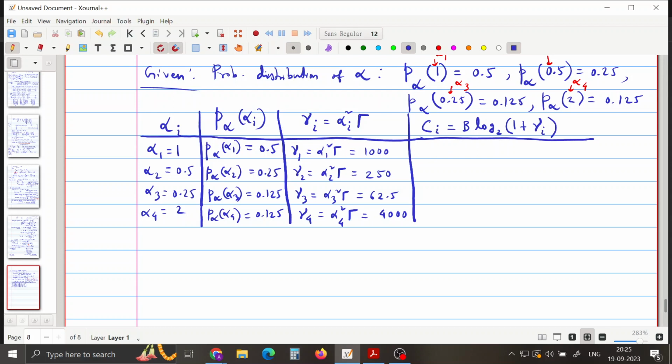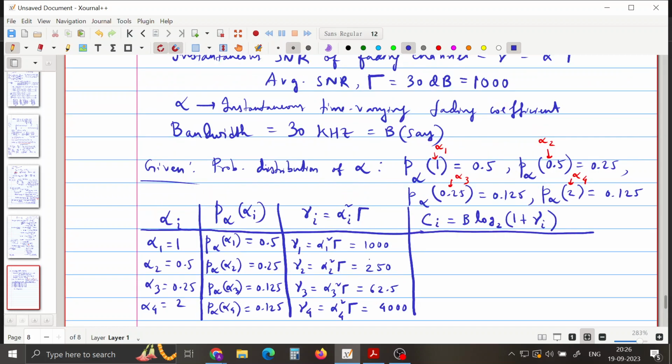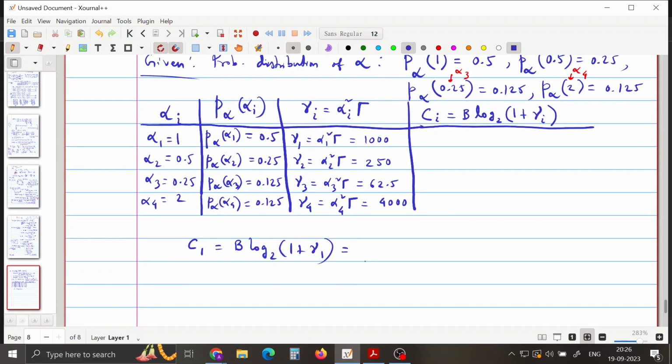If you want to calculate C1, it would be B times log base 2 of 1 plus gamma 1. B is 30 kilohertz given in the question, so 30 times log base 2 of 1 plus 1000.